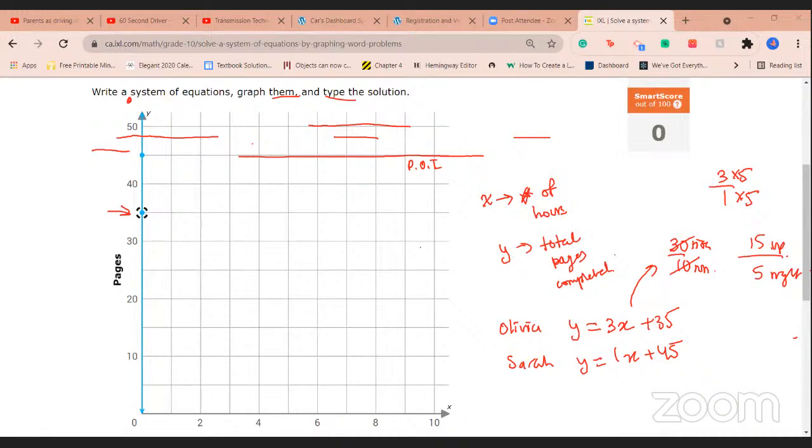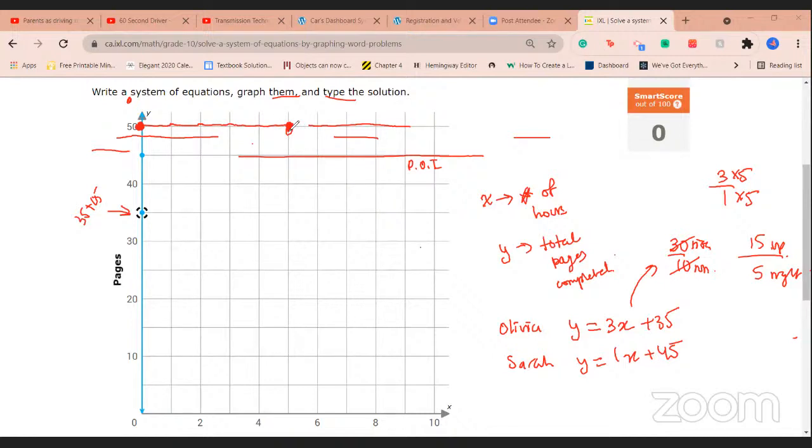If you had 35 plus 15, where would you be? 50. Yes, 50. So I put the dot at 50, and then we go 5 to the right: 1, 2, 3, 4, 5.